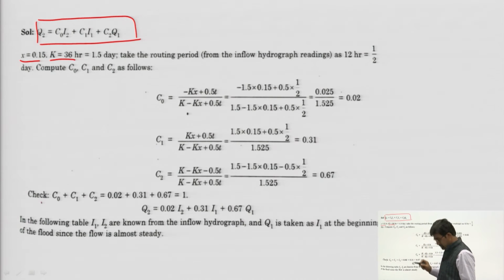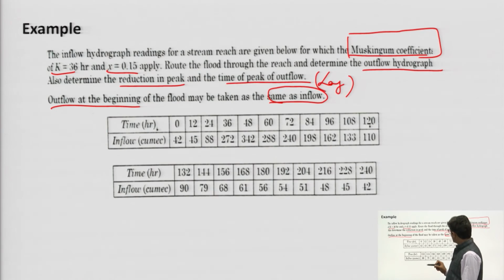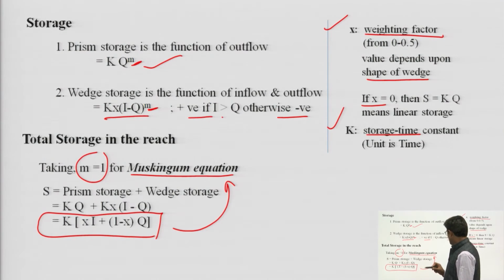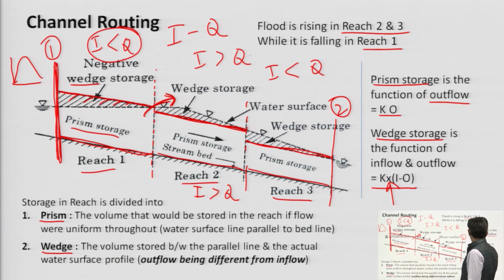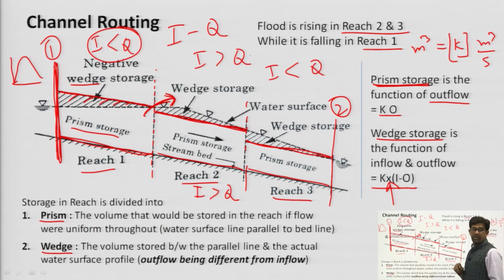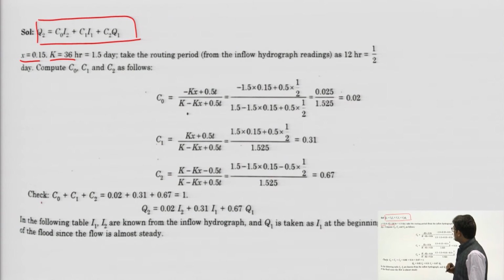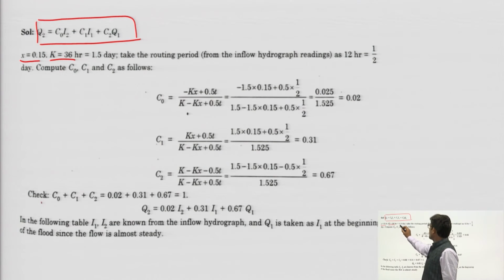One more thing that I need to explain to you: since storage is in meter cube, and K is multiplied by meter cube per second, the dimension of this constant will be the dimension of time. So the K value is 36 hours, which means 1.5 days.